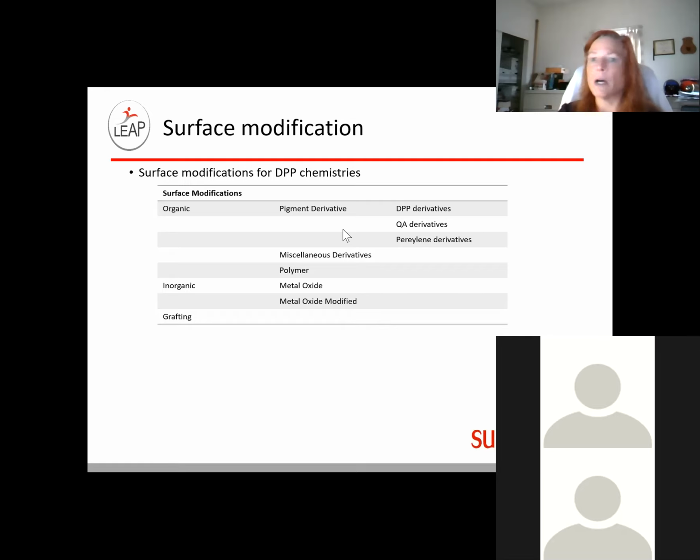Typically, either other DPP chemistries are used as derivatives. Quinacridones can also be used as derivatives, and even perylenes have been used. Polymers are also used in the surface modification aspect of it.